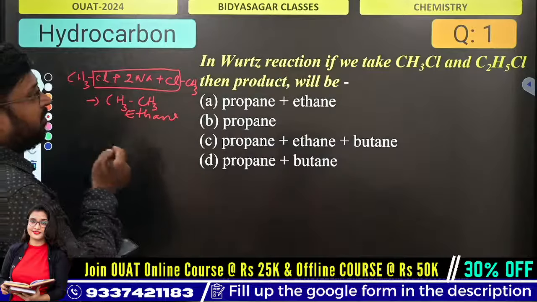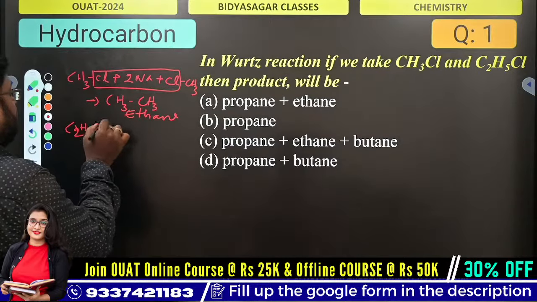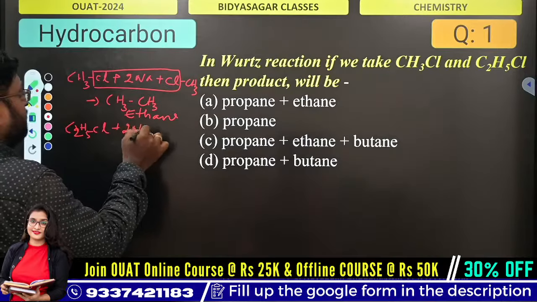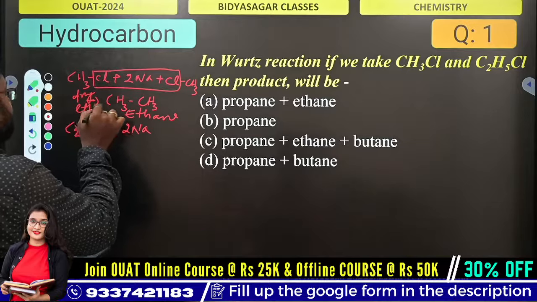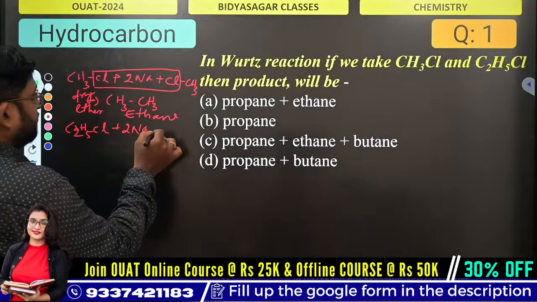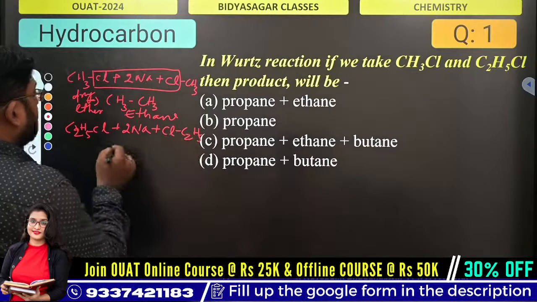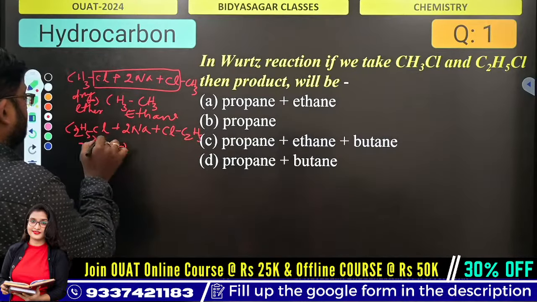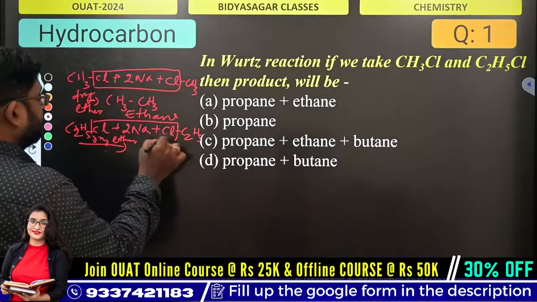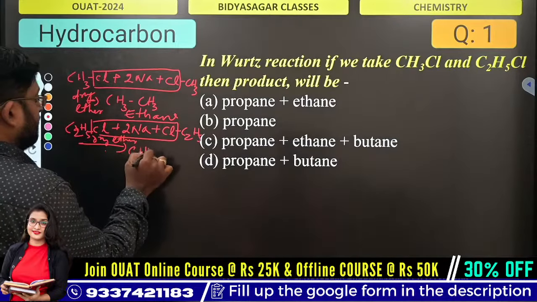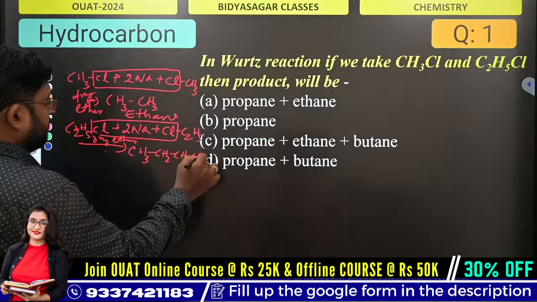If you will take C2H5Cl in sodium dry ether medium, it will give you butane, CH3CH2CH2CH3.